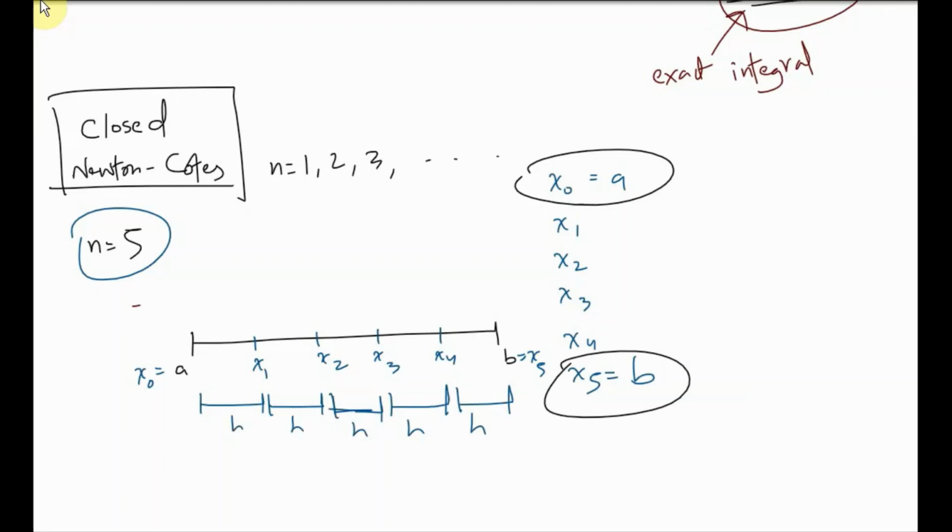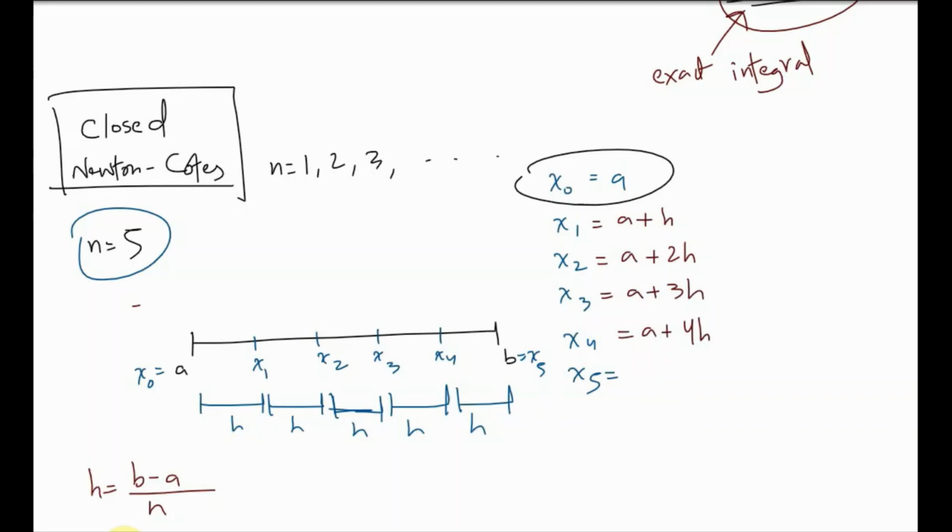And this gap, we will call it h. We can find this h. H is basically equal to b minus a divided by n, b minus a divided by the degree. Okay, and so the way we can find all the nodes in between a and b is x1 is equal to a plus h, x2 is equal to a plus 2h, x3 is equal to a plus 3h, x4 is equal to a plus 4h, and also x5 is equal to a plus 5h, right?